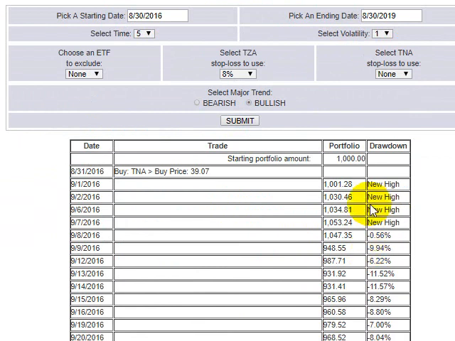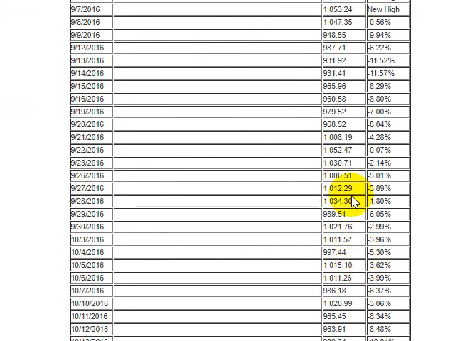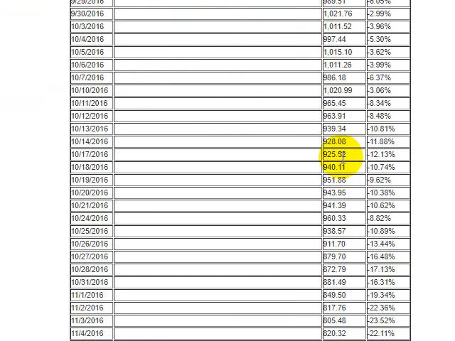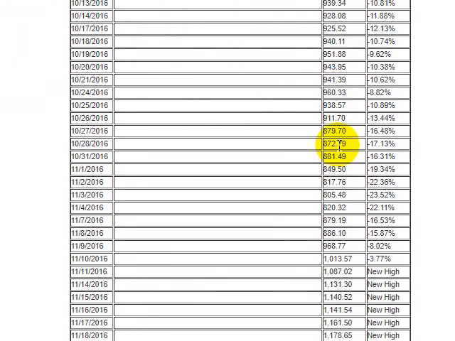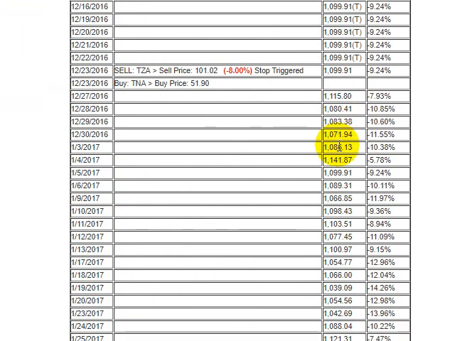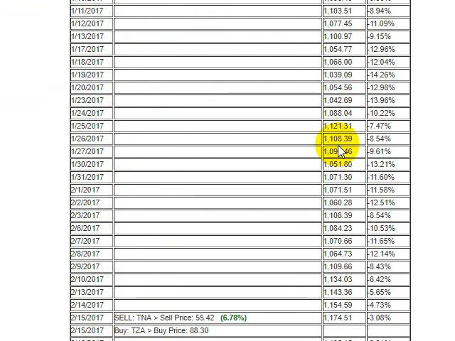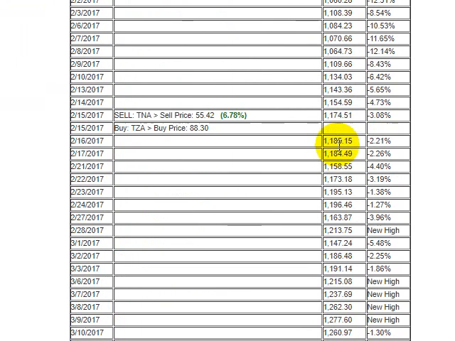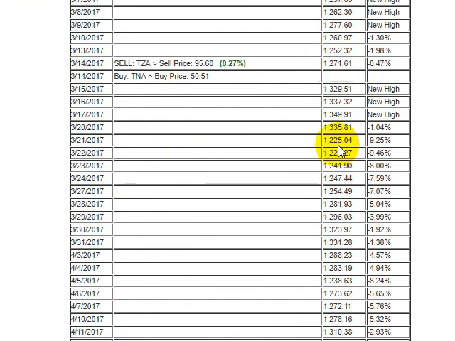We don't want to have to risk that much. So as you can see, we have new highs, and it's showing you the drawdown from that last new high over here. So we're looking for something that says minus 37% or greater. Okay, so we'll see if we ever had to do worse than the risk-to-reward ratio.